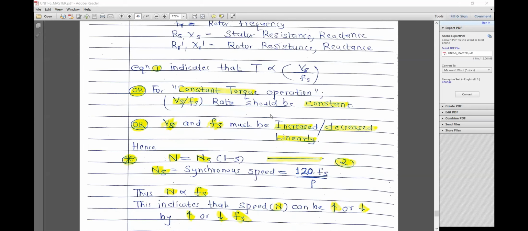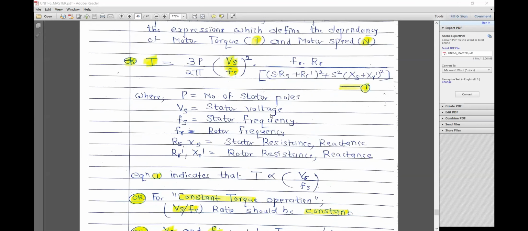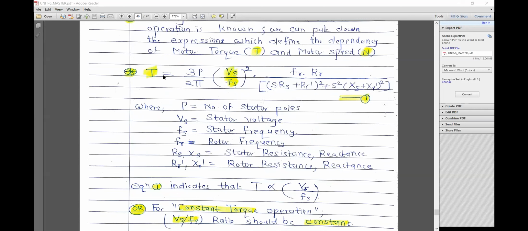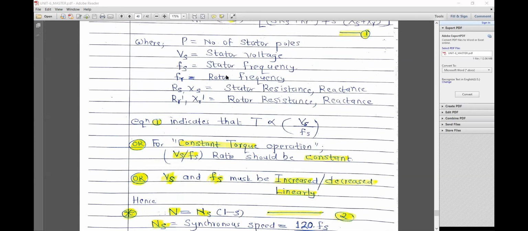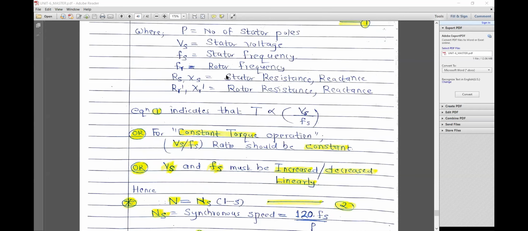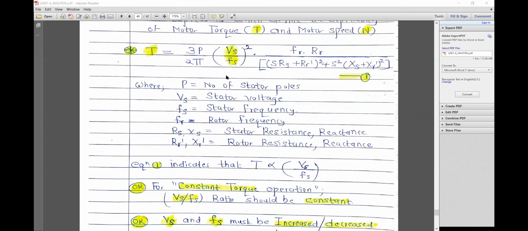Equation number 1 clearly says that the torque generated by the motor is proportional to (Vs upon Fs) whole square, so it is proportional to the V by F ratio.